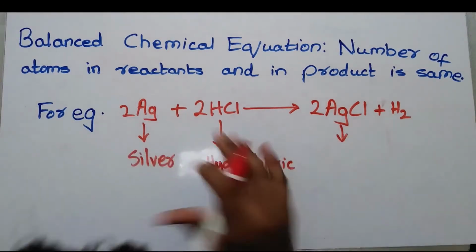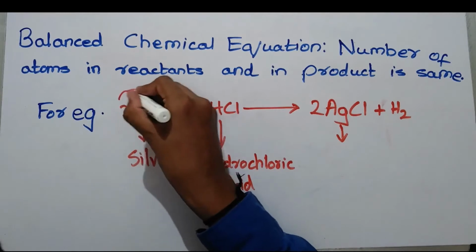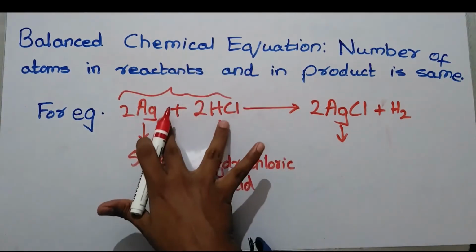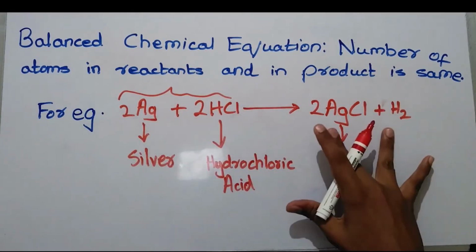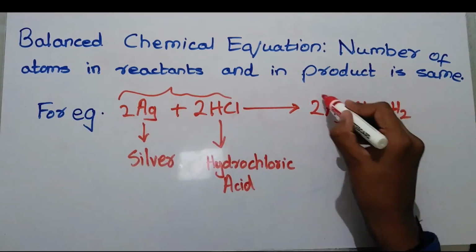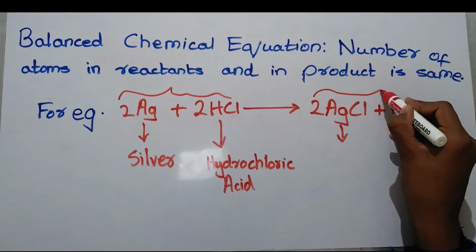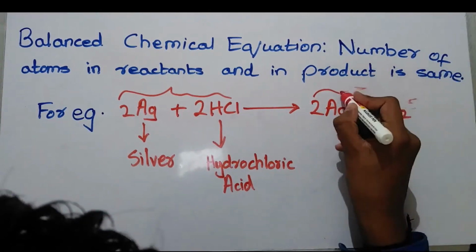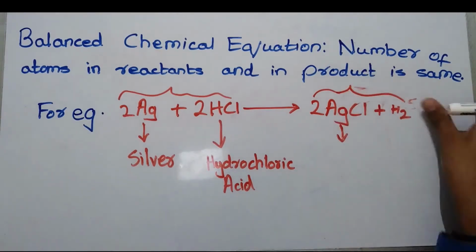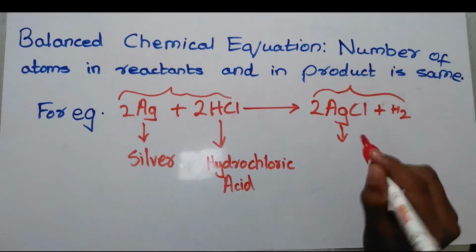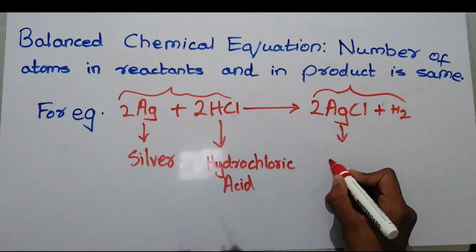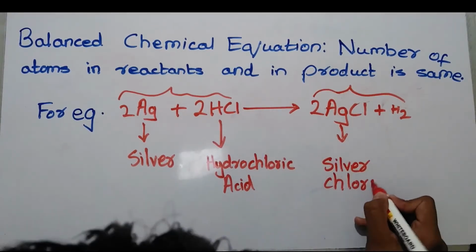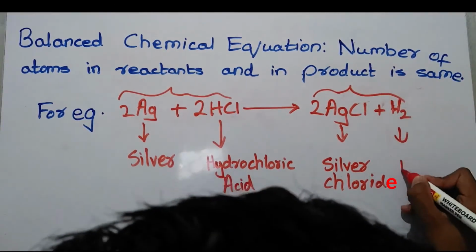These are the reactants. Means these two react and give rise to two new substances, which are called products. These are the products. So this gives rise to silver chloride and hydrogen gas.